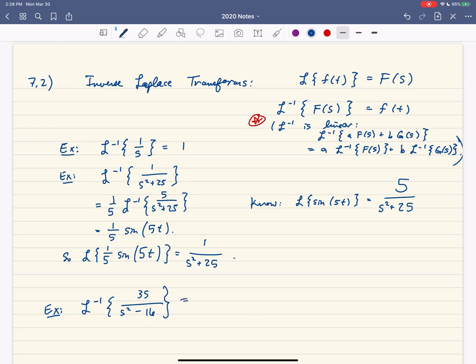The first is that you can bring out the 3. So this would be 3 times the inverse Laplace transform of s over s squared minus 16. And this is going to be 3 times, let's see, s over s squared minus 16 was hyperbolic cosine of 4t. So that's going to be 3 times cosh of 4t.